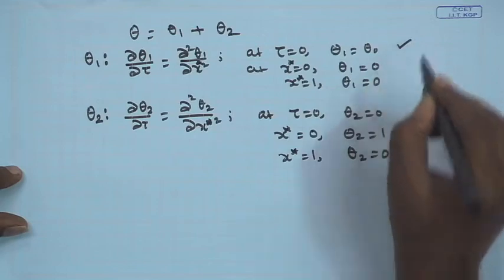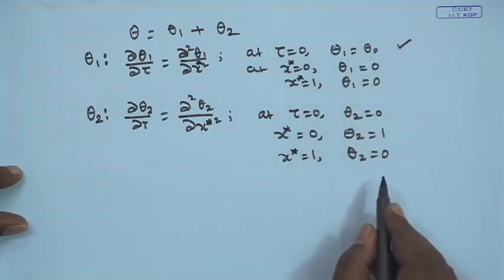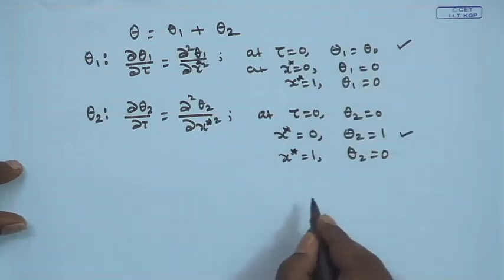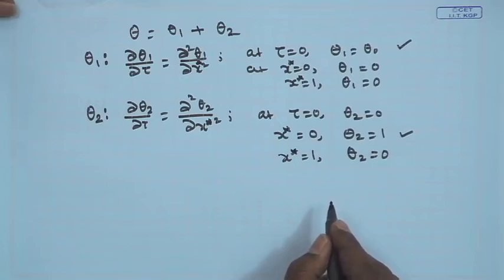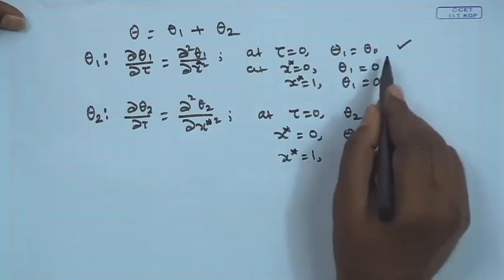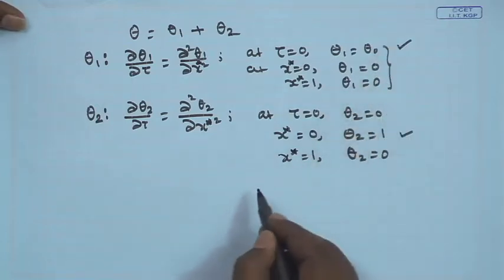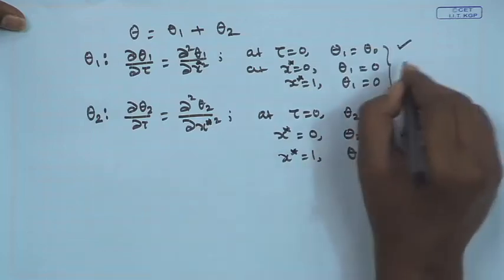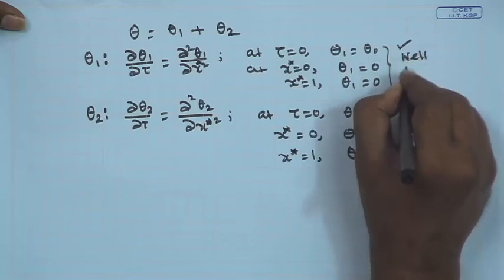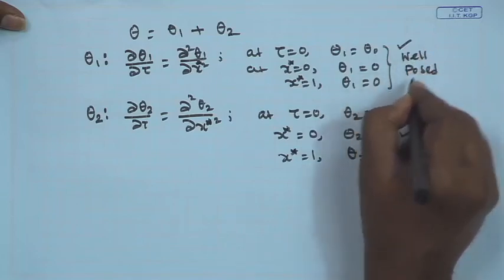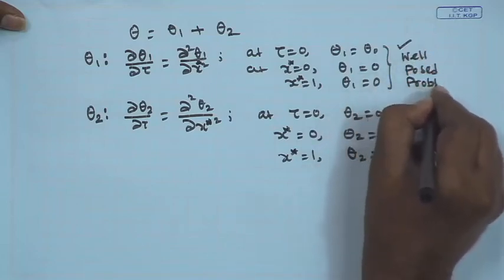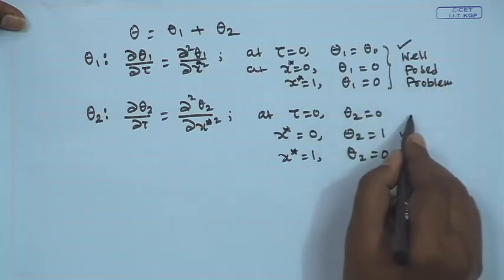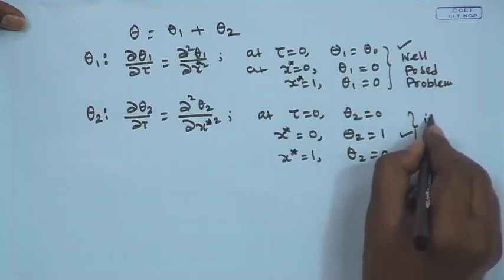So, I break down this problem into 2 sub problems, considering one non-homogeneity at a time. I keep the non-homogeneity in the initial condition and the non-homogeneity in the boundary condition in these 2 sub problems respectively. Now, if you look into this sub problem, you can identify that this is a well posed problem. On the other hand, this is an ill posed problem.